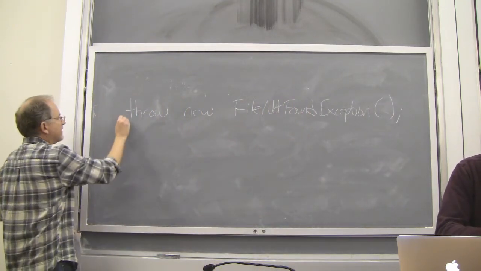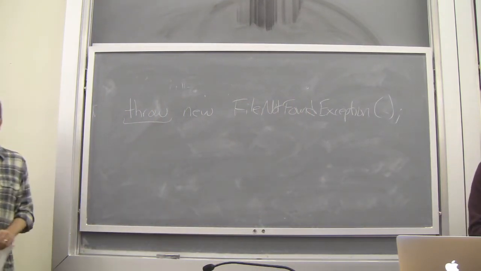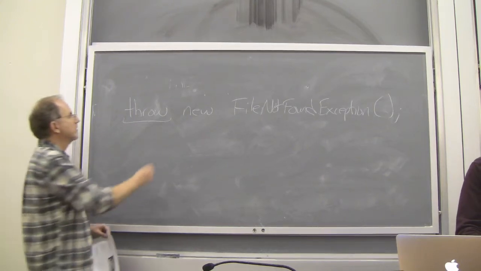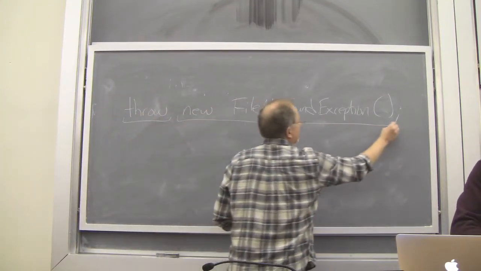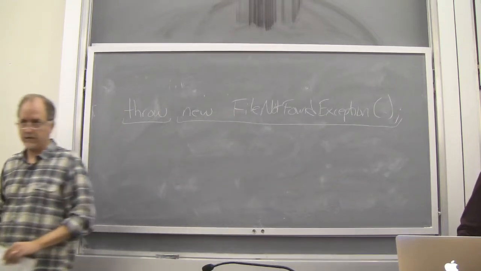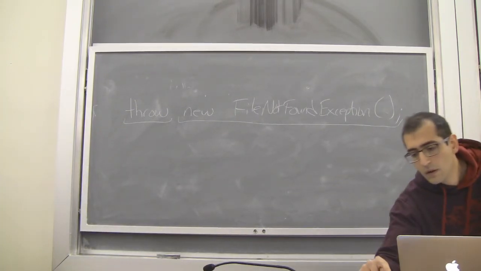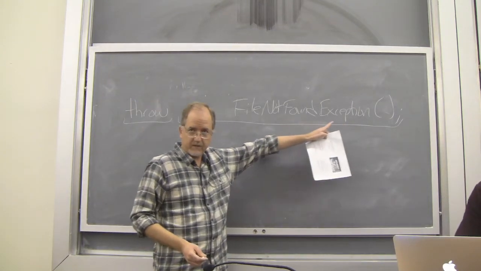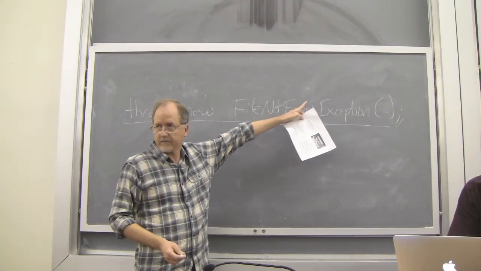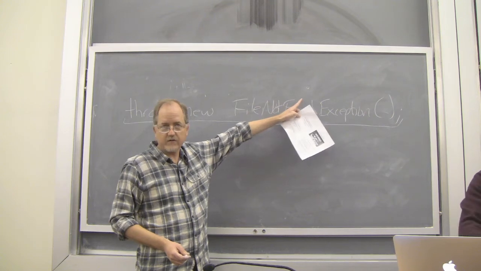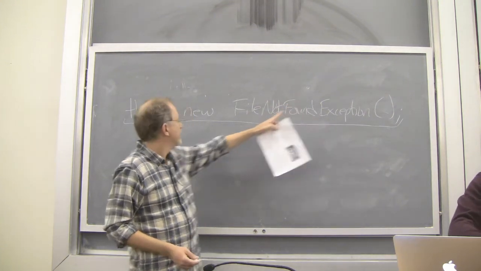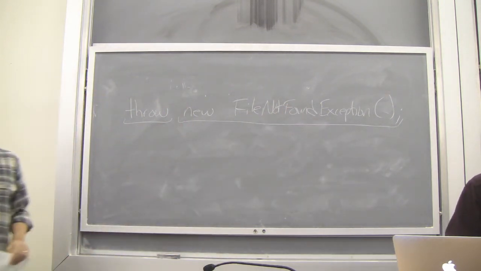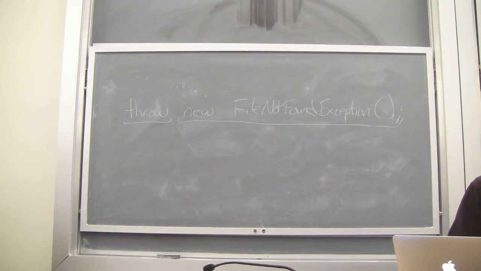So this is something that means throw for something to catch. What is this part here doing? Yeah, it is making a new object of file not found exception type, and this is a constructor for it. So we're constructing a new exception. This throw mechanism is sort of mysterious, but basically it says, hey, I have one of these, can anyone catch me?